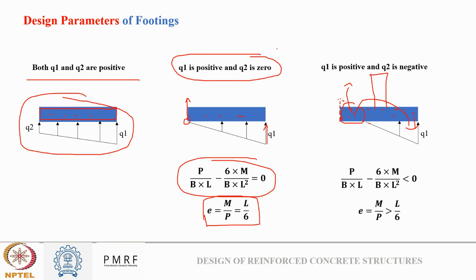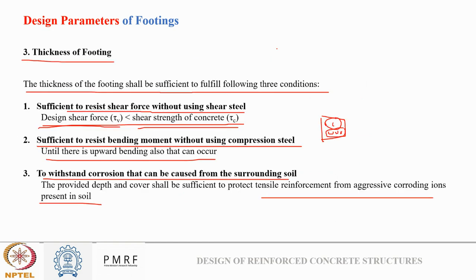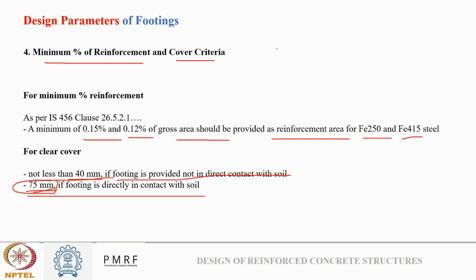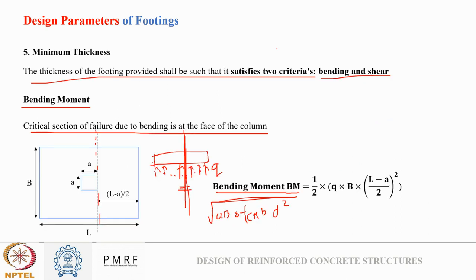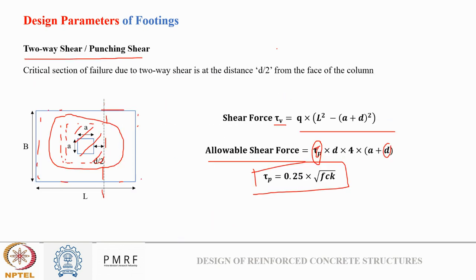Right now we are dealing with case one only. Then the thickness of footing, the minimum reinforcement and the cover criteria. What minimum thickness do we need to provide? For this, we go for three cases: bending moment, one-way shear, and two-way shear. Checking all three conditions, we choose our thickness of footing. Once we know the thickness of footing, we know the bending moment which is acting.